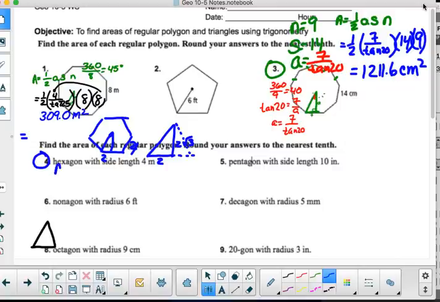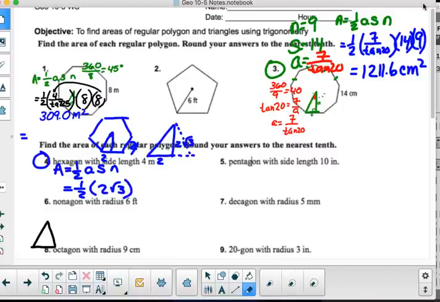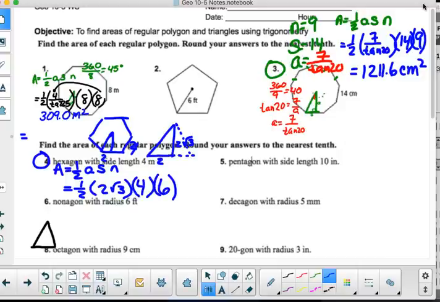So in this particular case, area is 1/2 A S N, and I got 1/2. My A is 2 the square root of 3. S, the length of my sides, is 4. And N, the number of sides, is 6. And now I multiply those together, and I'm going to come up with 41.6, I believe.